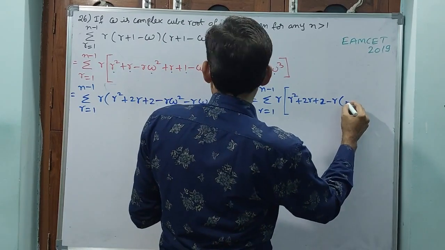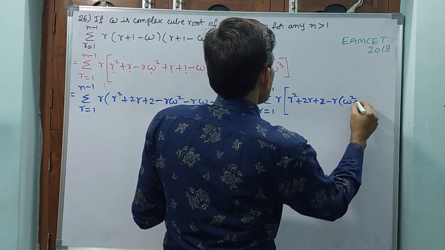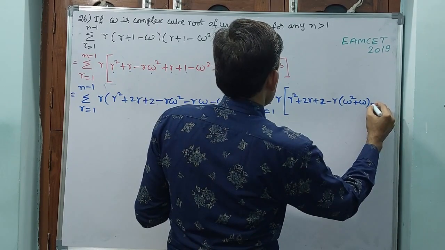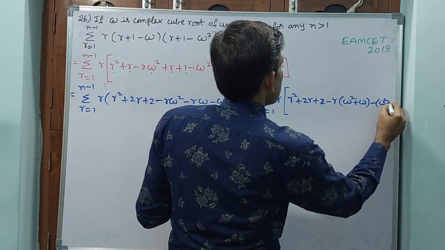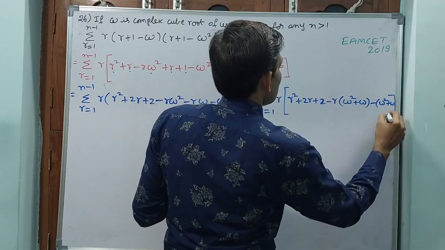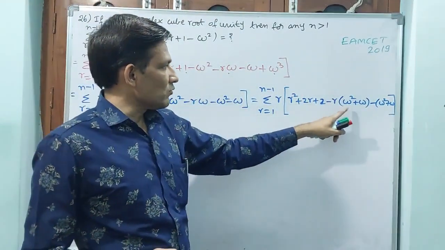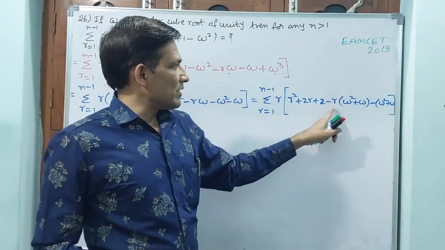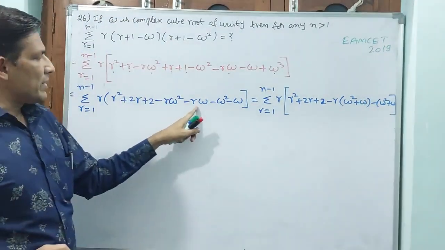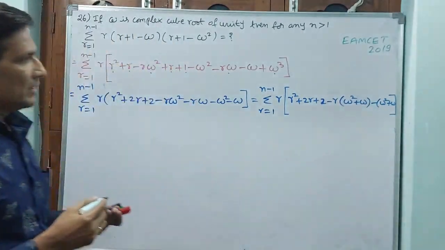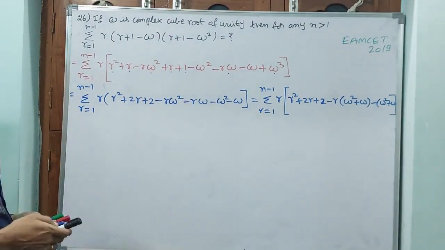Minus r if I take common, omega square plus omega, again minus, omega square plus omega. Minus r omega square, minus r omega, minus omega square, minus omega. If you send that inside, it is going to become like that.